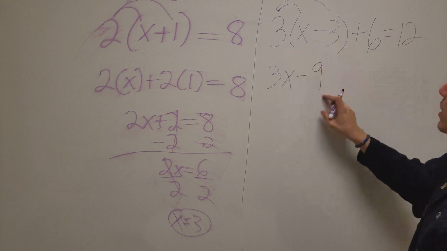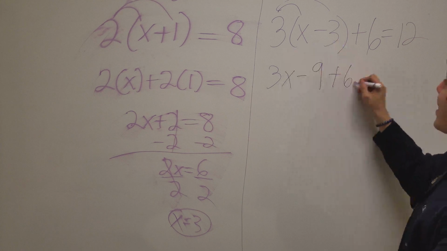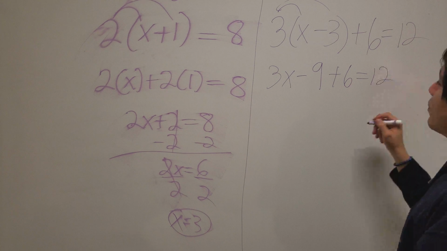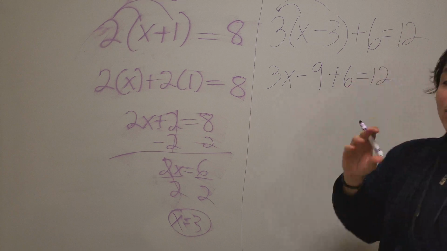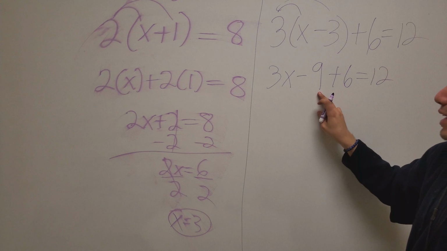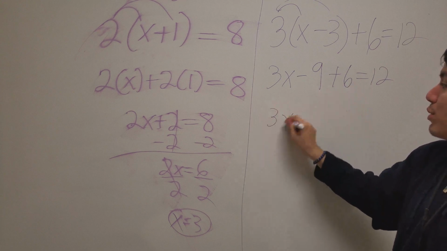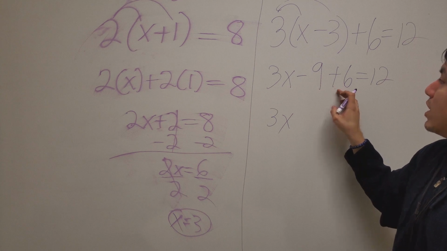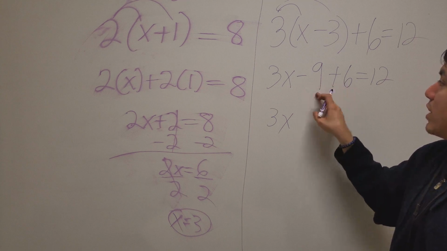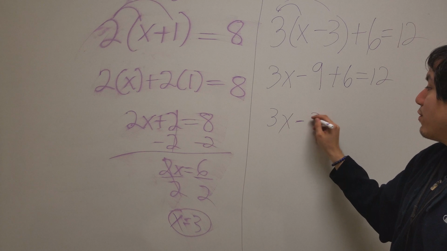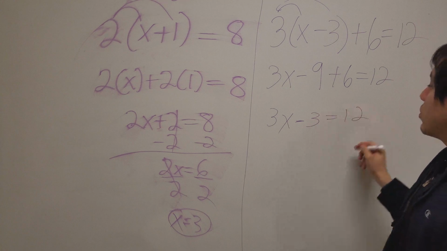So 3 times 3, 9, plus 6 equals 12. So now we combine like terms. We're combining the negative 9 and the 6. So what do you remember? Keep the sign with the bigger number. So 9 is bigger than 6, so it's going to be 3x minus 3 equals 12.